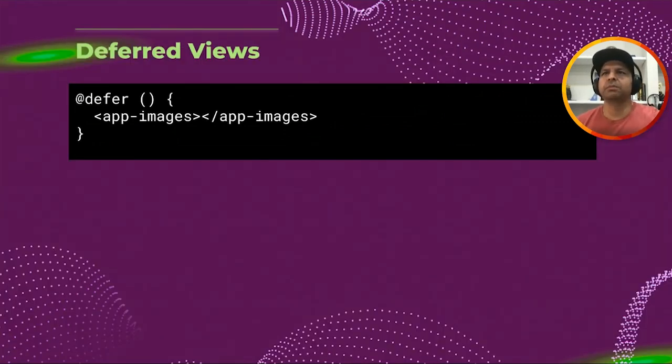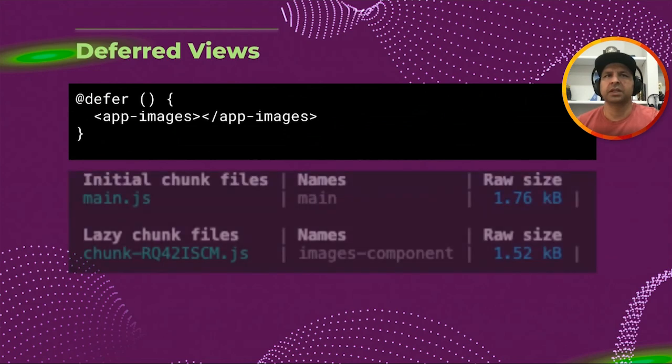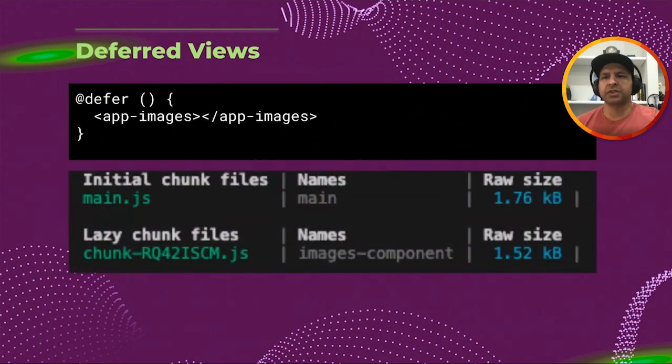Okay, so when you build your application now, Angular will automatically create a lazy loaded bundle for this specific component. So this is how it's going to look, right? You see you have the main.js, and the component, which is part of the defer block, is lazy loaded.